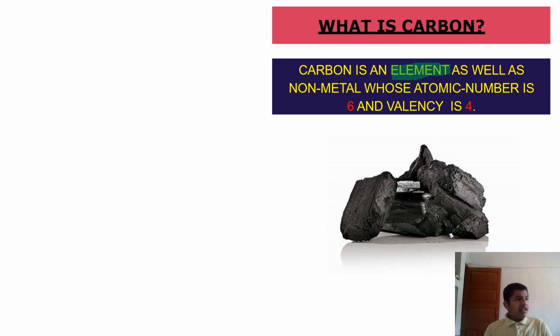One more thing, I am assuming that your old concept of your class 9 chapter, atoms and molecules, atomic structure, is clear, right? Therefore carbon is an element as well as a non-metal whose atomic number is 6 and valency is 4. An elements table is given in class 9th, or even you can see the periodic table, where you can see the atomic number 6.